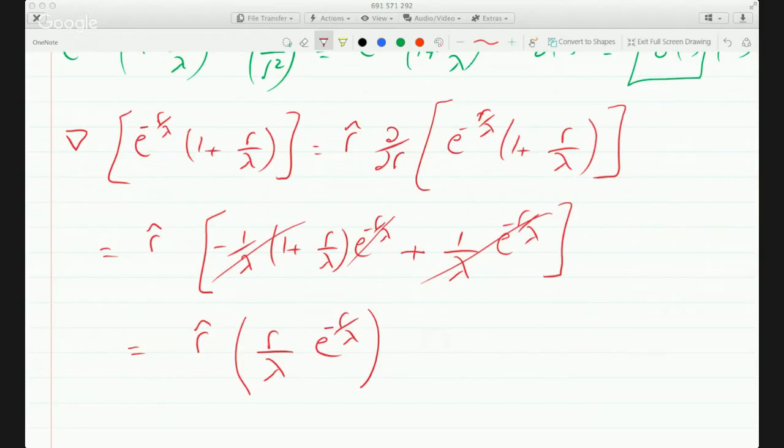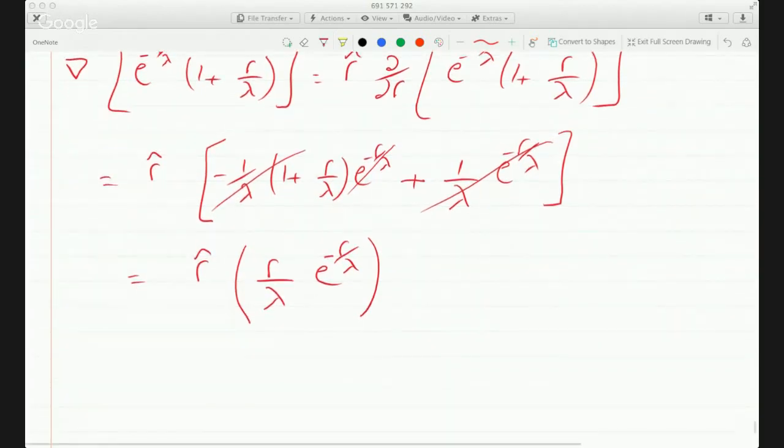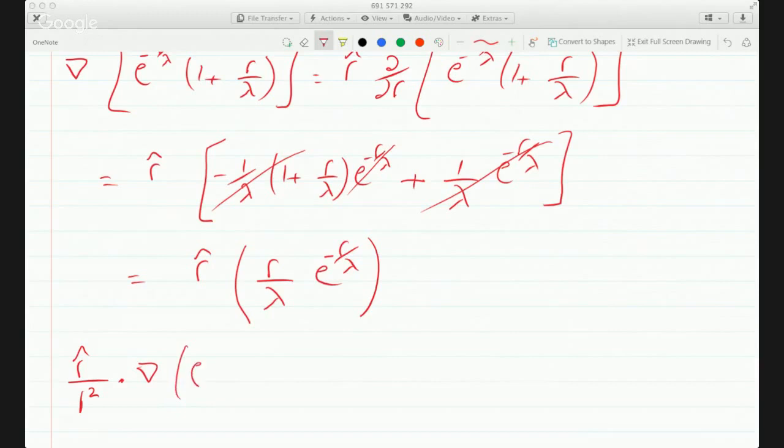Now putting them together, we have r hat over r squared, sorry, I flipped these, dotted with this.